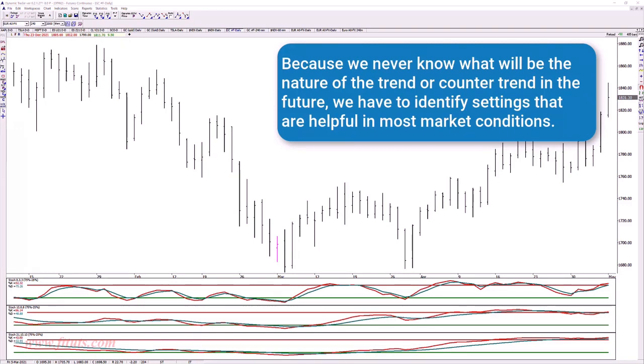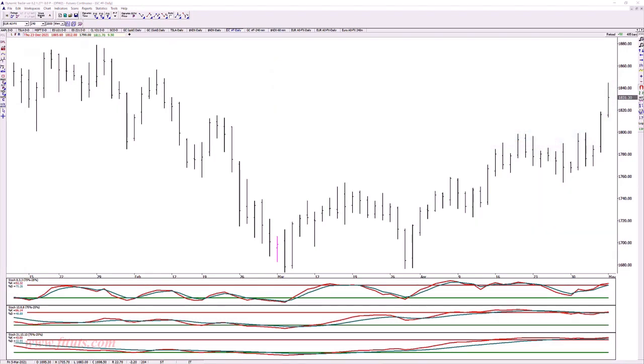So we can always look at past data and say, here's the best settings that would have been perfect for that series of data at that period of time. But are those settings going to be best for the future time when we don't know what sort of market activity is going to come to us in the future?